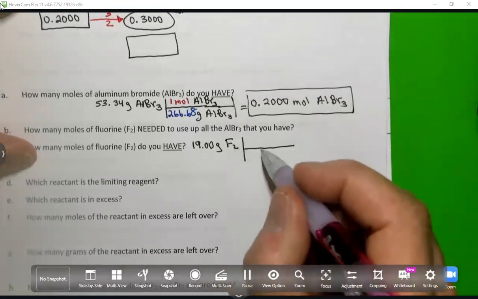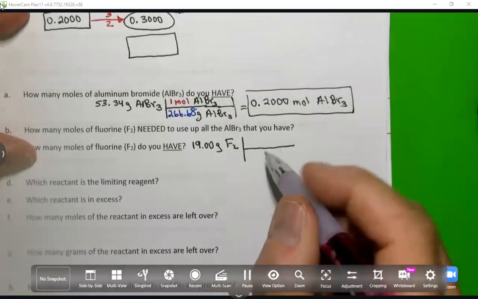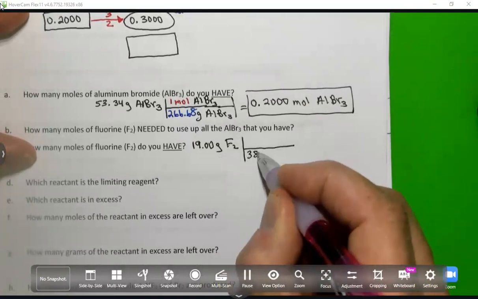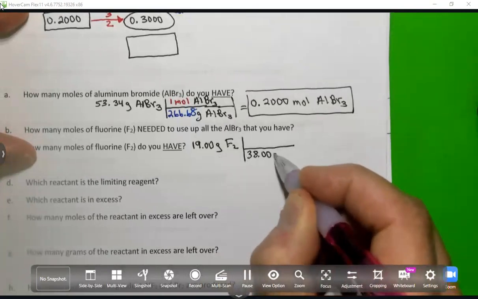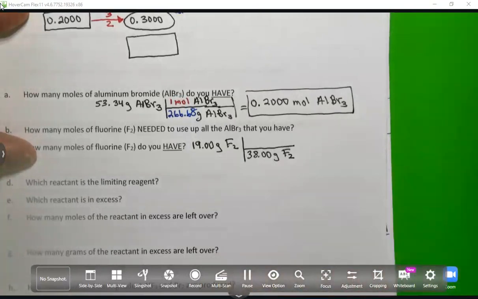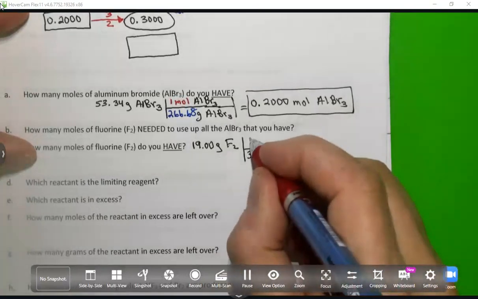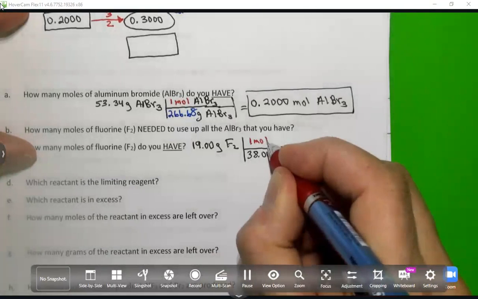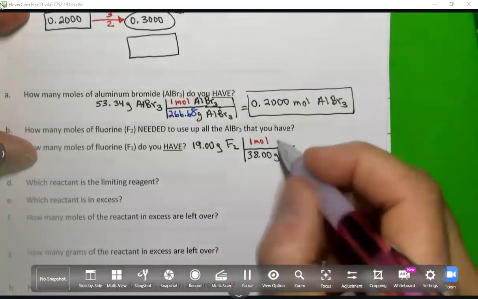And it's F2 and fluorine is 19. So this is 38.00 grams of F2. One mole.